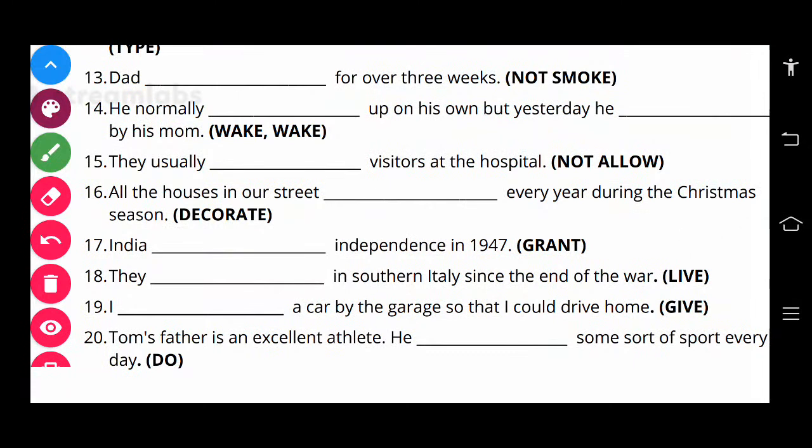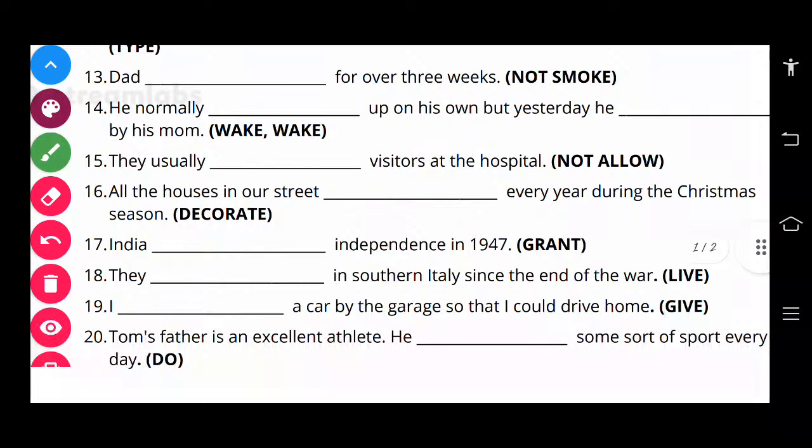Yeah, they usually. What is that? Usually is an adverb. That is what actually, in sentence making, to use suitable pronouns or suitable verb forms, adverb plays a vital role because adverb guides us.